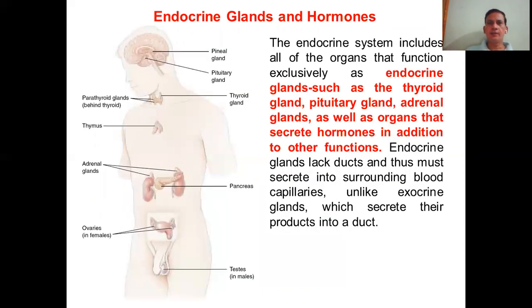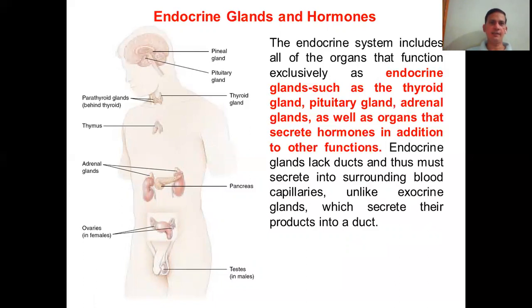So the endocrine system includes all of the organs that function exclusively as endocrine glands, such as the thyroid gland, the pituitary gland, adrenal gland, and it also includes organs that secrete hormones in addition to other functions. Let's say, for example, thymus, pancreas, parathyroids. So these glands lack ducts.